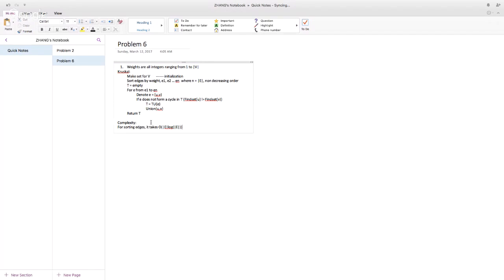It's n log n, where n is the cardinality of E. Now for the complexity of the make set operation, find set operation, and union operation, you can refer to the chapter discussing disjoint sets.